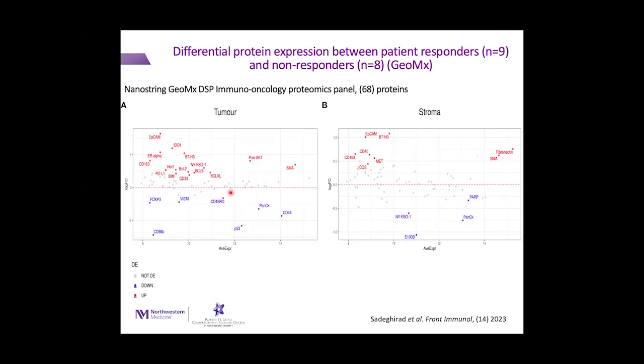You can see that a lot of immune checkpoint molecules were upregulated, like PD-L1, VIM, SMO, and others. And a lot of molecules like VISTA, FOXP3, CD66P, and PAN-CK were downregulated. And you see a similar pattern in the stroma.